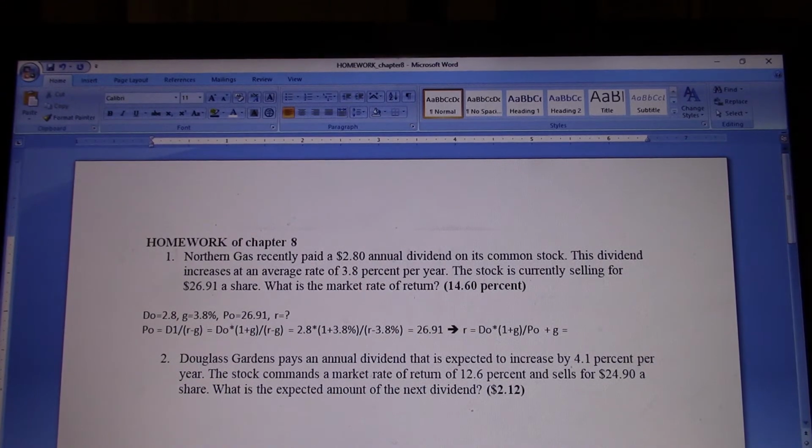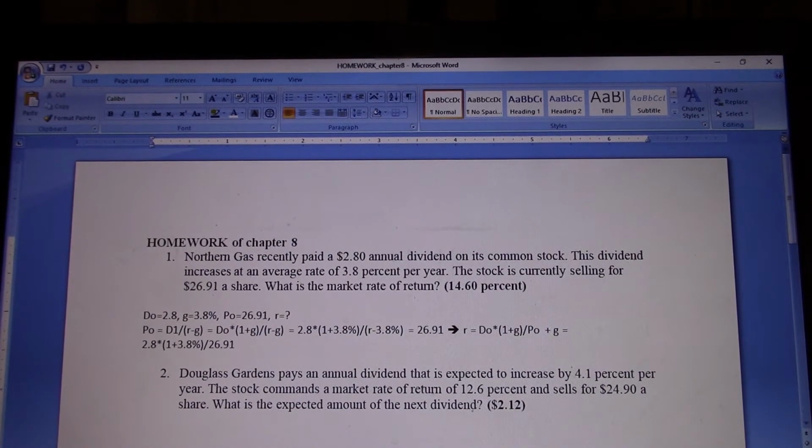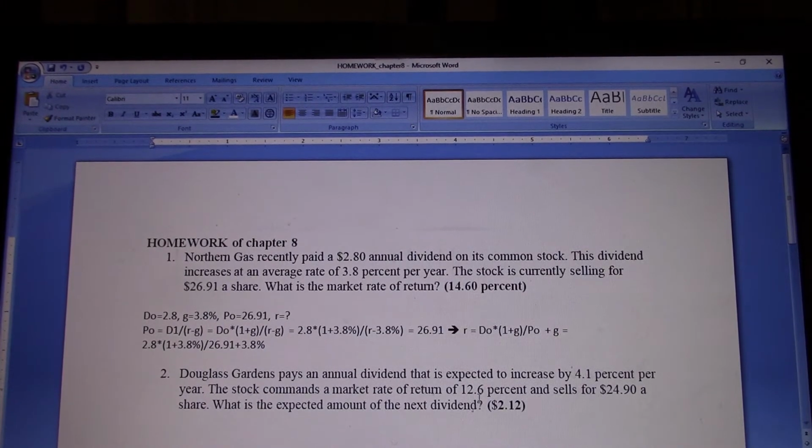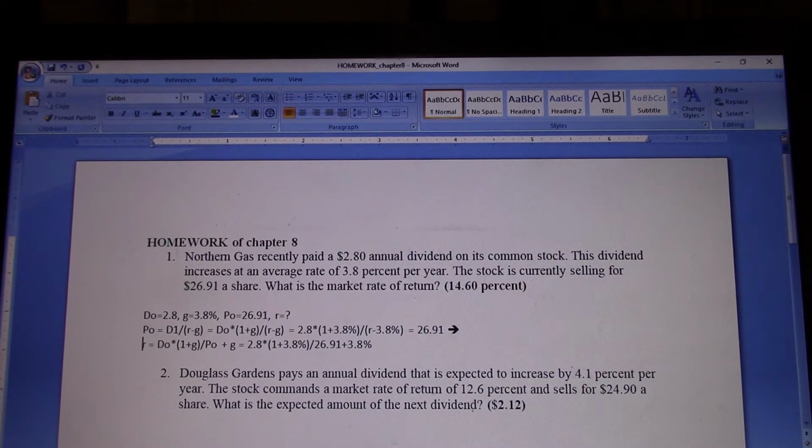So it should be 2.8 times 1 plus 3.8%, over 26.91, plus G, which is 3.8%. So this should be our answer, right?